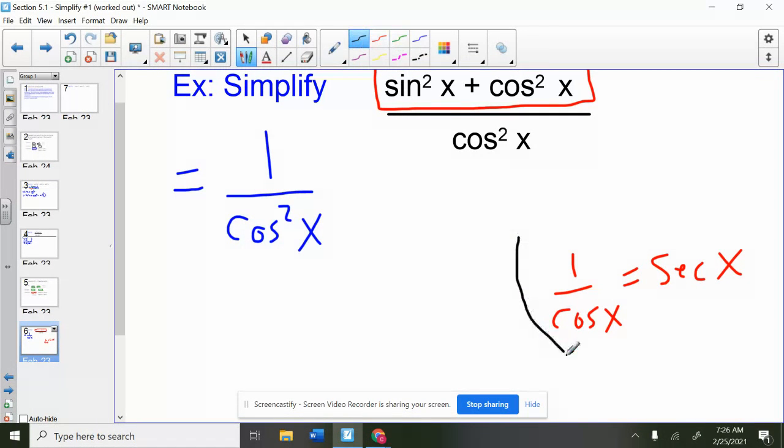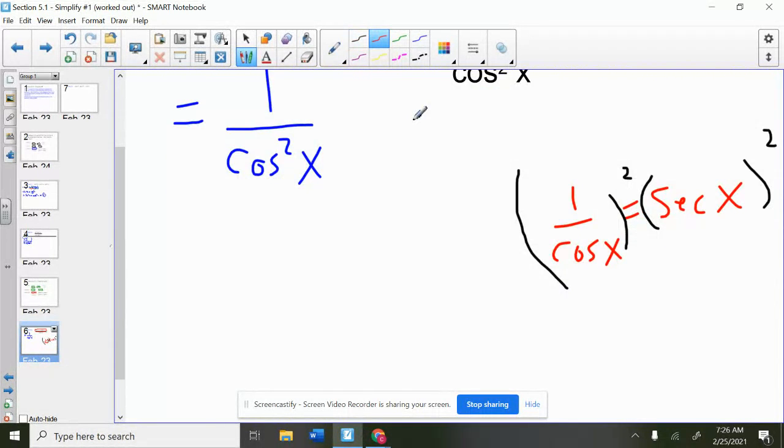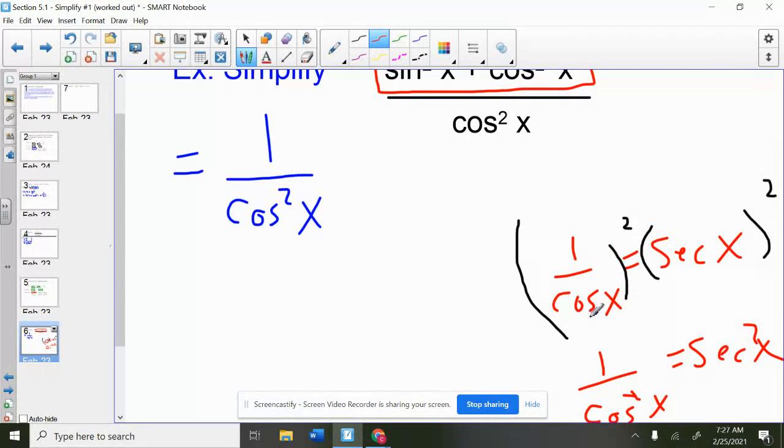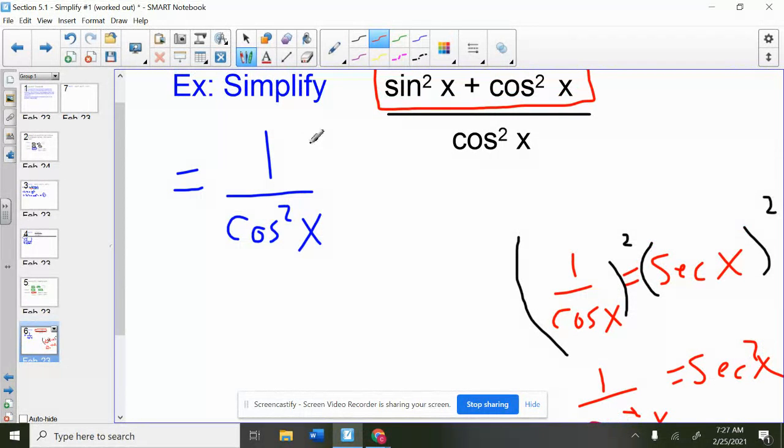If I take this side and square it and this side and square it, I'd have 1 squared is 1, cosine squared is cosine squared, and then this would equal secant squared. So right there, I have 1 over cosine squared. Now, you don't have to show this work. I'm just showing you why it's okay. But that's simply just secant squared.